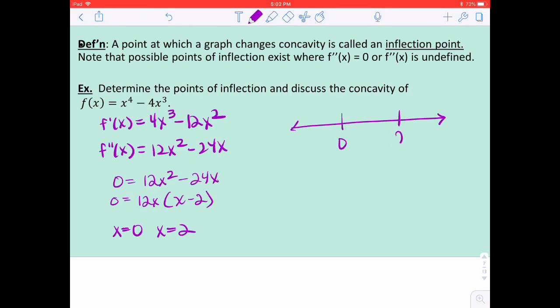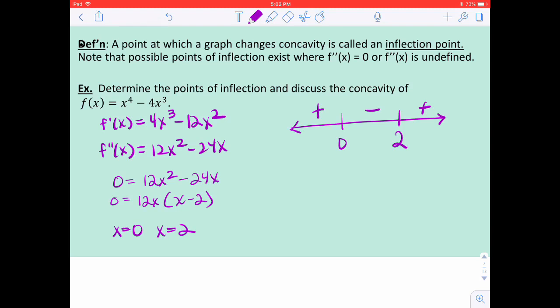Now let's test them. Okay, so plug into the second derivative. We can plug in -1 and we're going to get a positive. If we plug in 1, we're going to get a negative. If we plug in a 3, we're going to get a positive value. Like I said, I don't want to see you plug in the values. I just want to see this table here, this number line.